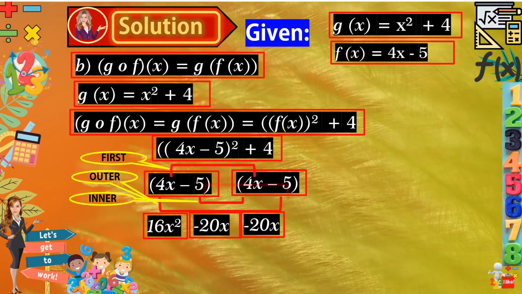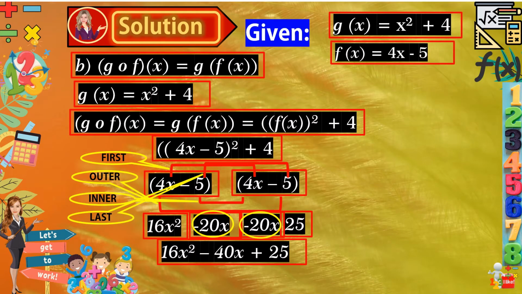And the last: negative 5 times negative 5 is equal to positive 25. Combining like terms, negative 20x and negative 20x, you will have now 16x squared, negative 40x, plus 25.